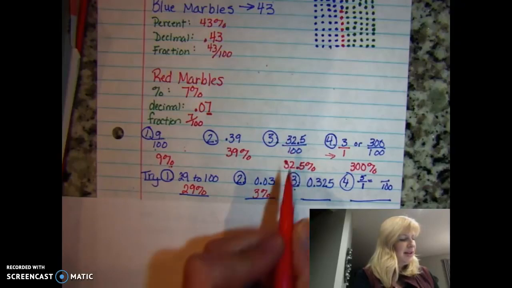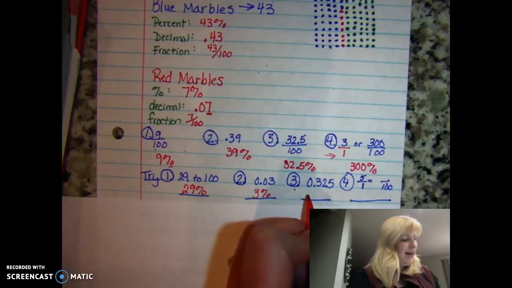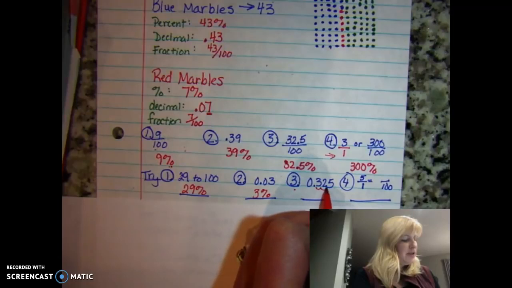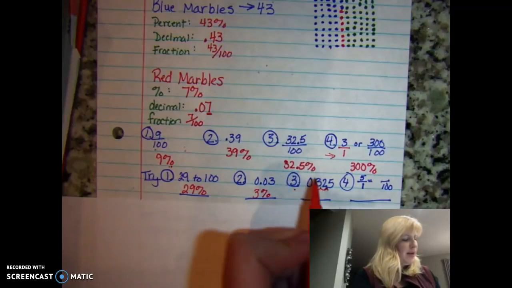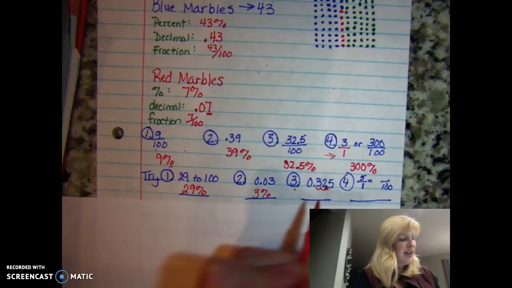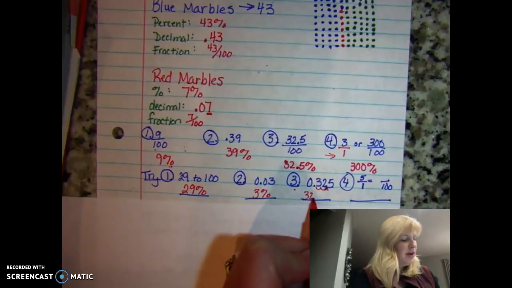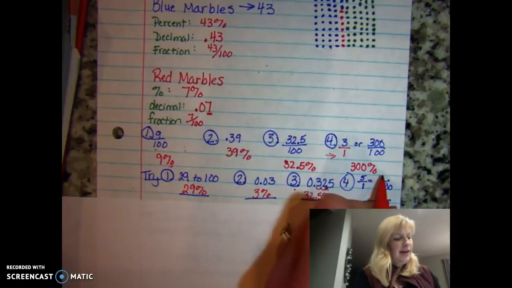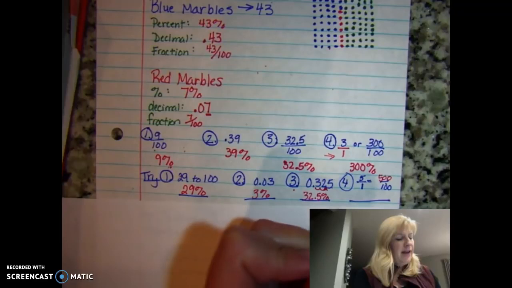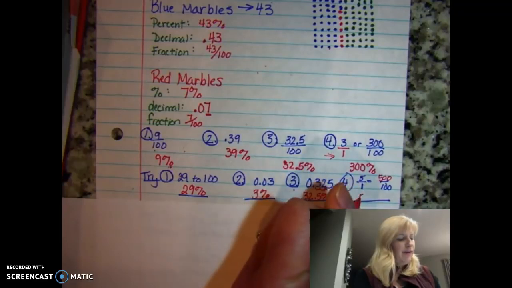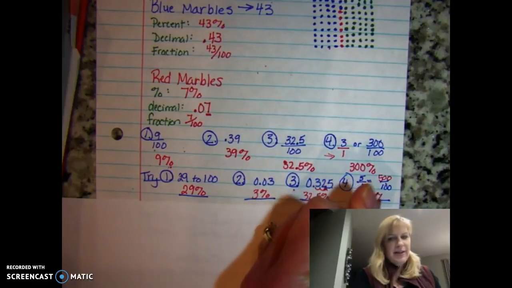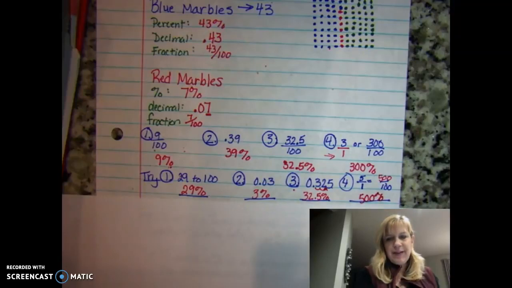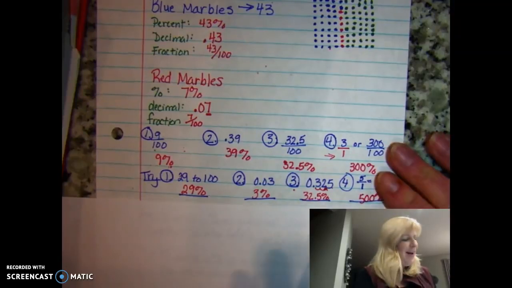I tried to trick you from up here. You just need to move it 2 to the right, or realize how many hundredths, and this is another half, so it's 32.5%. And this one, I gave you a little hint here. This one would be 500 hundredths, or 500%. Capiche? All right.